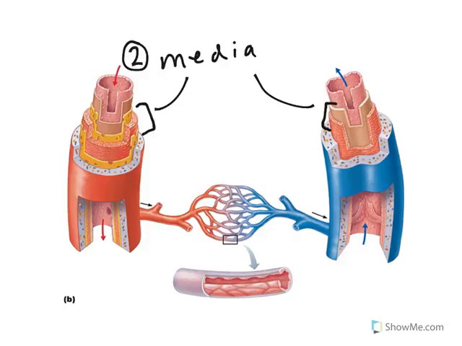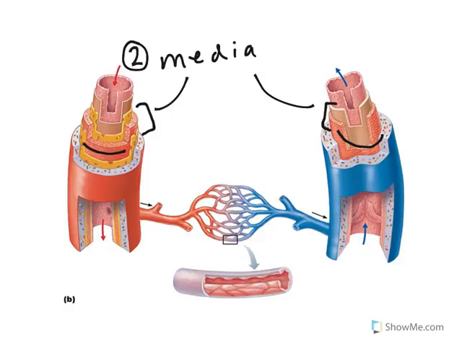The second layer, or middle layer, is called the tunica media. As you see here, what type of tissue are we looking at? Anyone remember what type of tissue that appears like? That is going to be smooth muscle tissue. So the second layer is made mostly of smooth muscle tissue. There are other pieces to the layer as well.